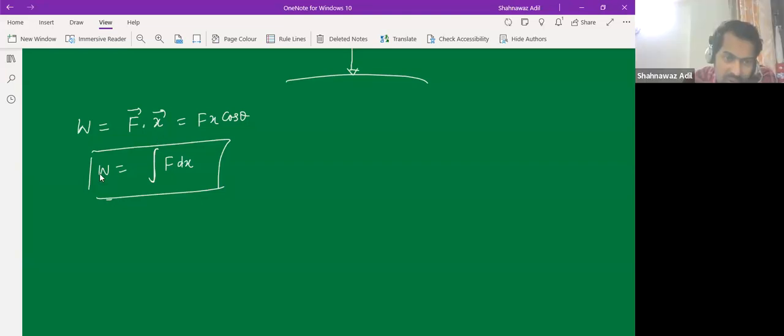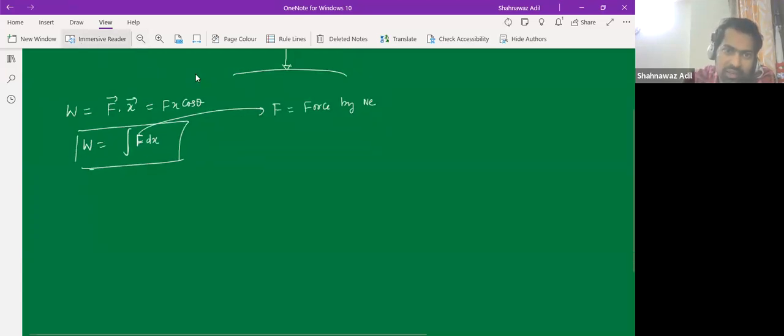So then we have to find out, in the case of gravitational potential energy, or the work done by gravity, what force will we take? This would be the force by Newton's gravity, or force by gravity.